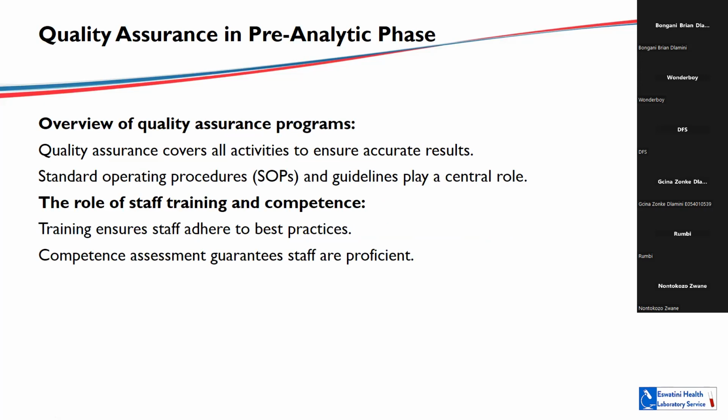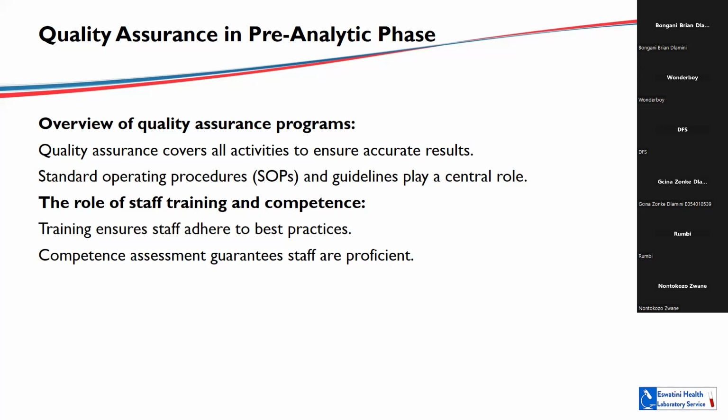In most of our laboratories, we have the quality manual, which is the cornerstone of the laboratory's activities. It tells how the lab is going to operate. It's very important; that is a cornerstone of the program.